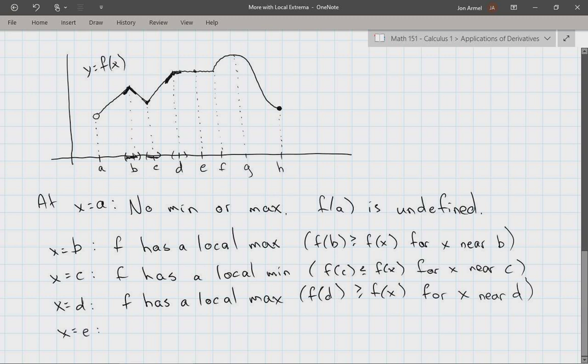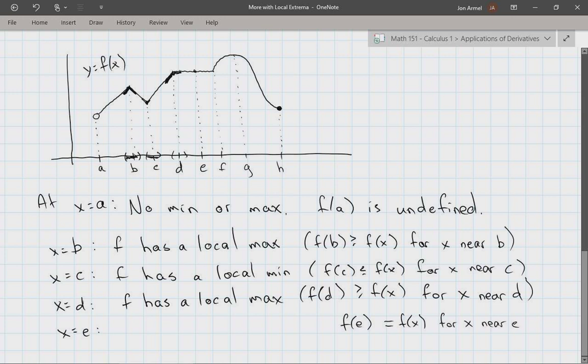So maybe pause the video for a moment and try to figure out what is going on at x equals e. Does f have a local min or a local max there? Okay, so I'll wait. Go ahead. Okay, so I assume you paused the video and came back. And what's going on? Well, let's notice that f of e is equal to f of x for x near e, right?